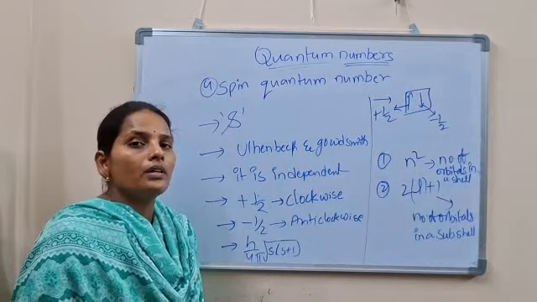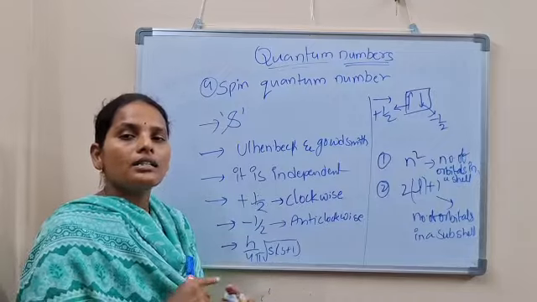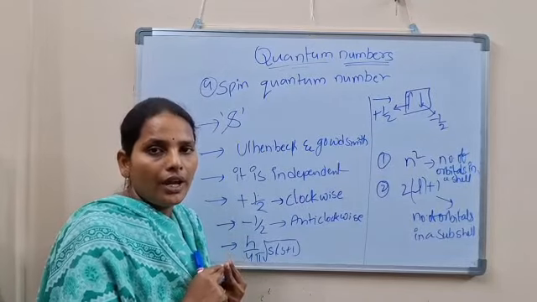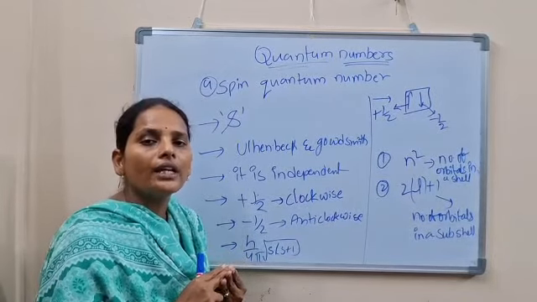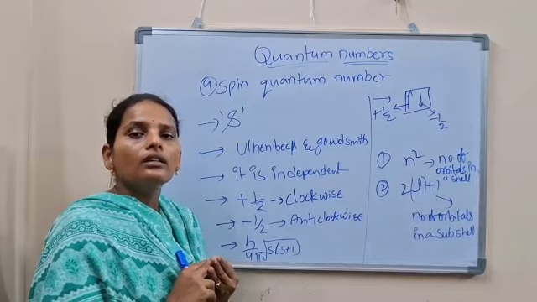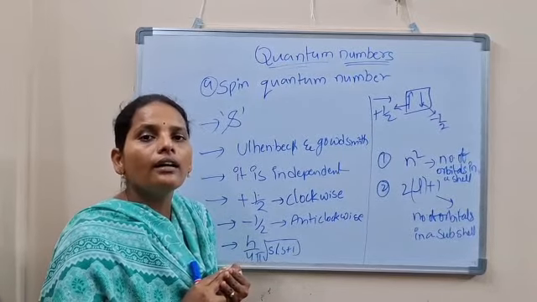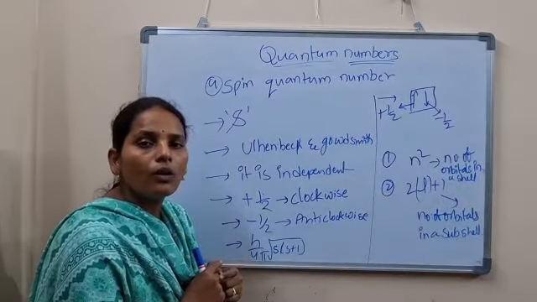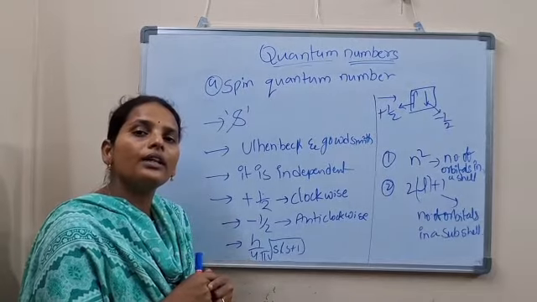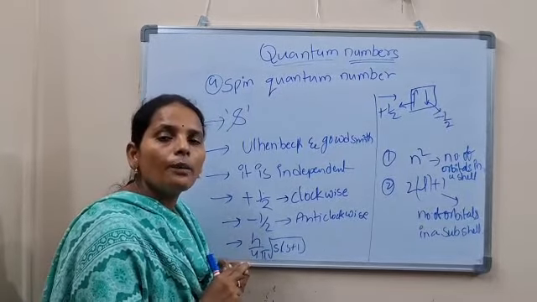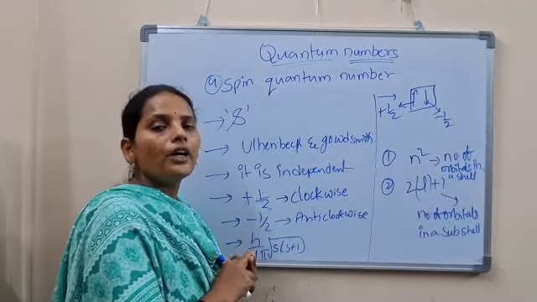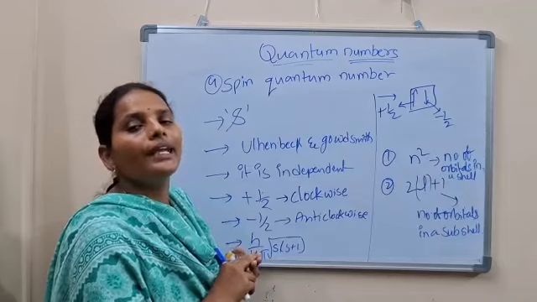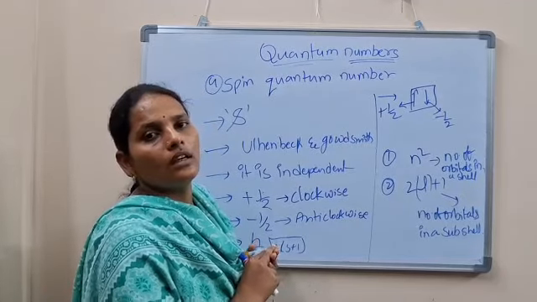Okay, these are the quantum numbers for finding the size, shape and orientation of the orbitals in the atom. By these quantum numbers we are concluding the size of the orbital, shape of the orbital and also orientation of the orbitals.